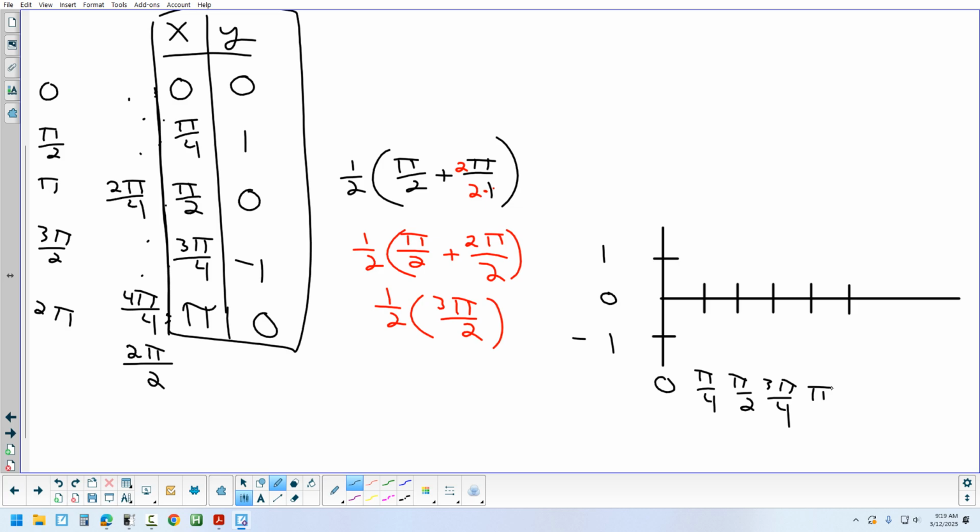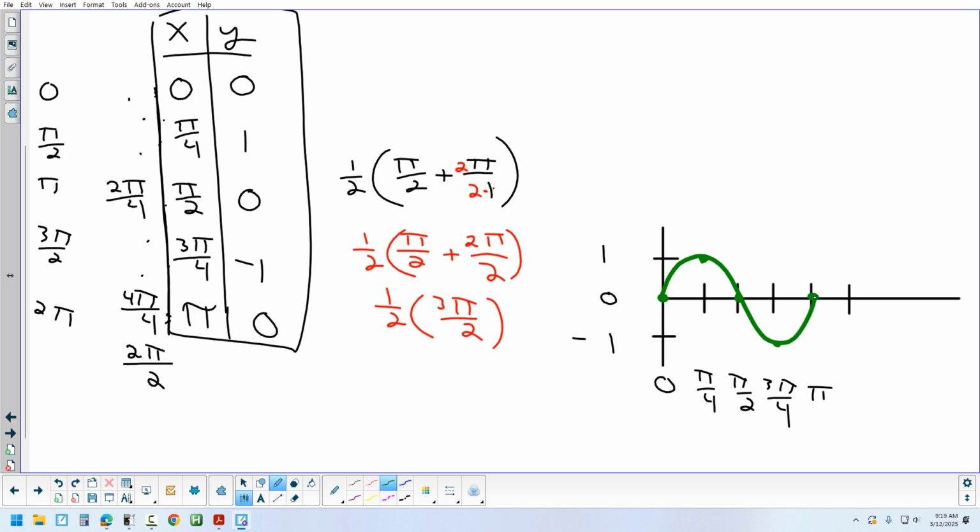Now plot your points. We're right at the origin. Every problem today will start at 0 on the x-axis. Pi over 4, we're at 1. Pi over 2, we're back down to 0. 3 pi over 4, negative 1. And then you're back to 0. That looks right.